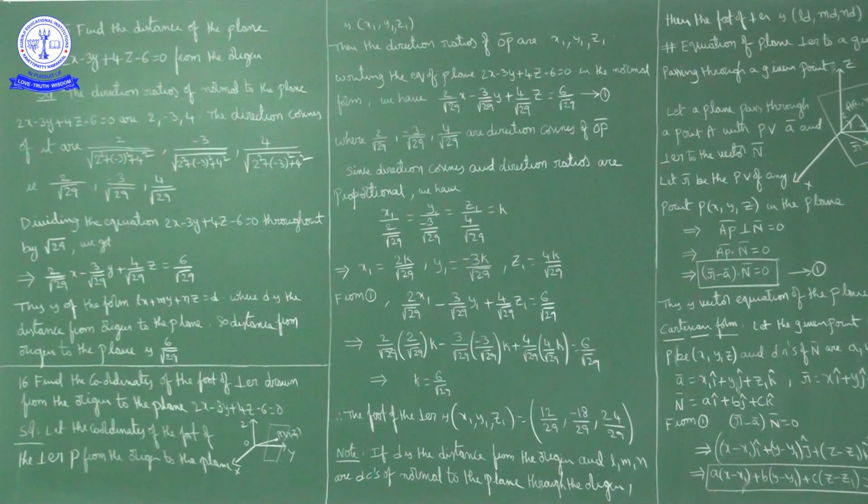Now in this plane equation, 2, minus 3 and 4 are direction ratios of normal to the plane.